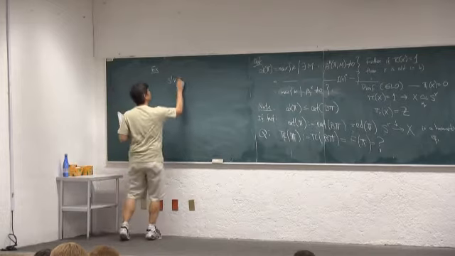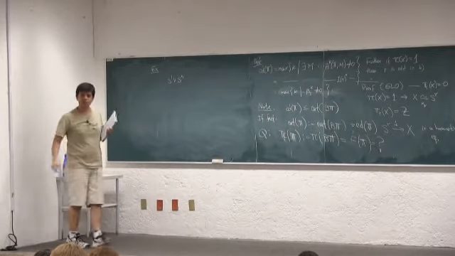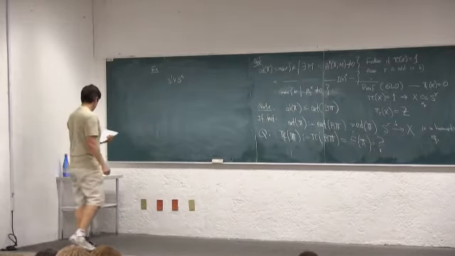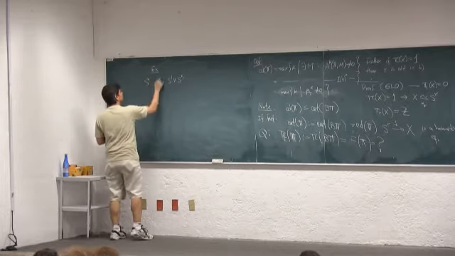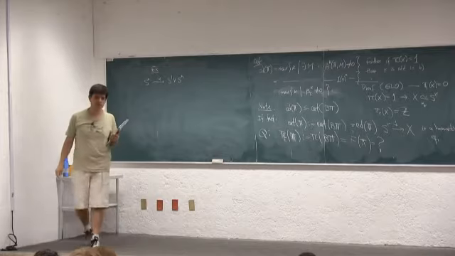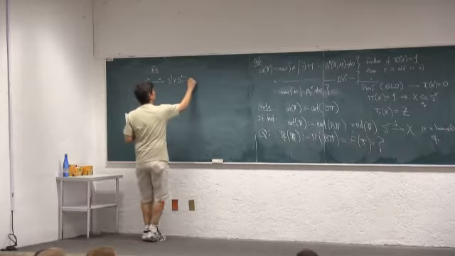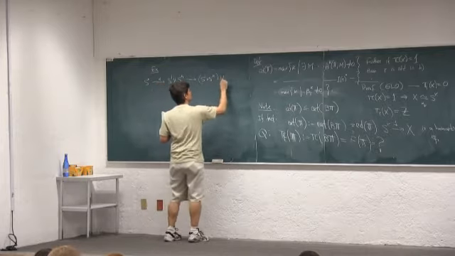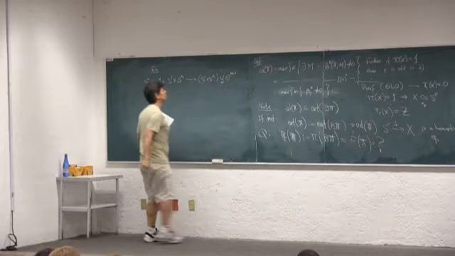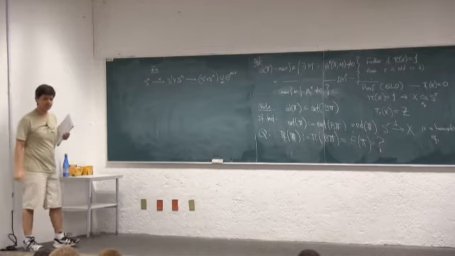So consider the wedge of a circle and a sphere. I'm going to define a map into this wedge, and let me consider the cone. So let me attach a cell of dimension n+1 via this map.